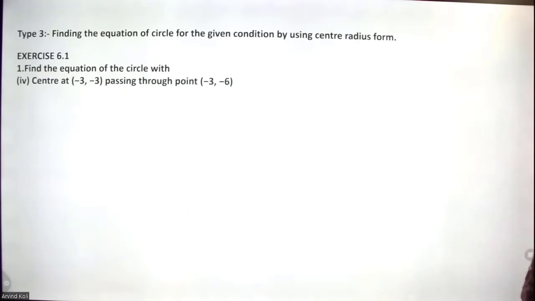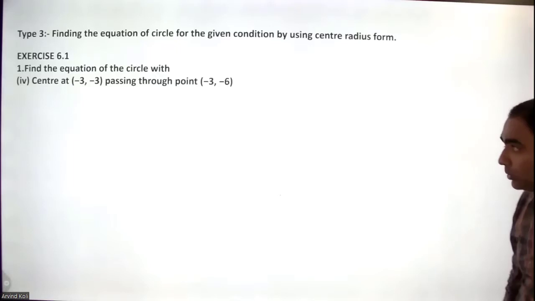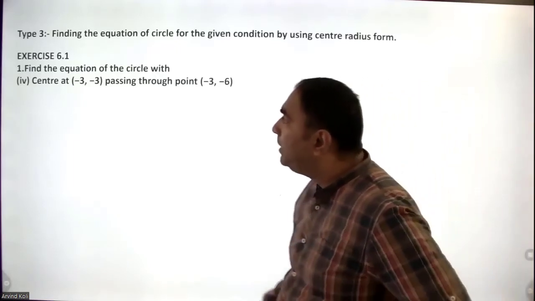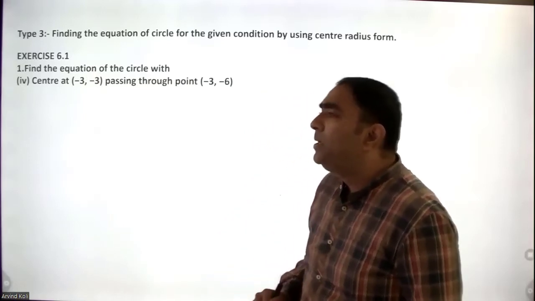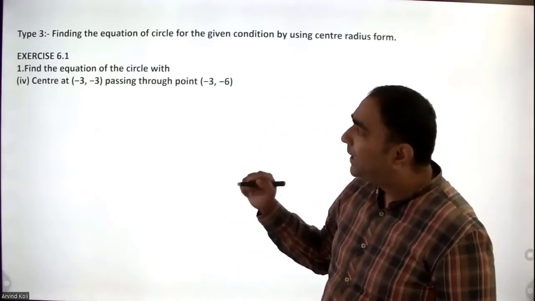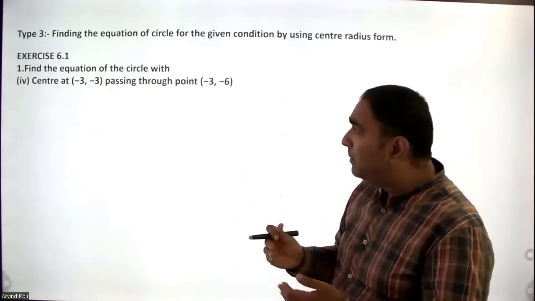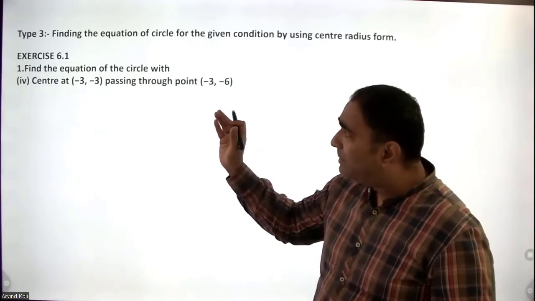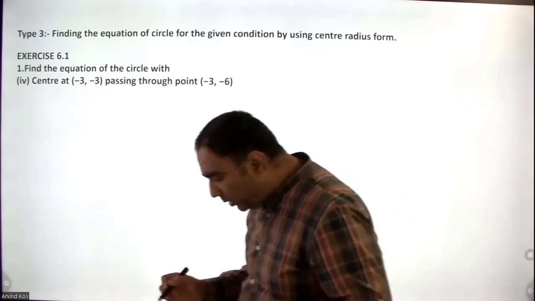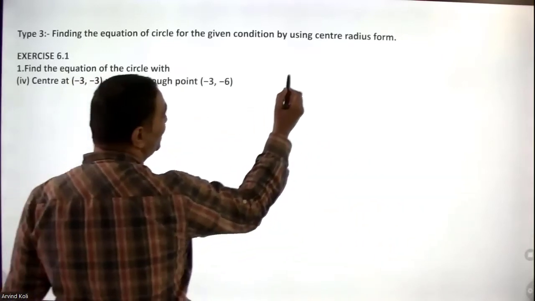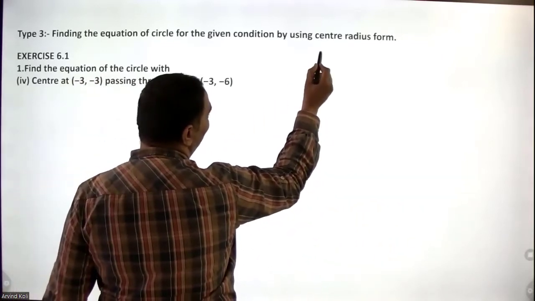Our next type is finding the equation of the circle for the given condition by using center radius form. Okay, let us have a look at the question. Question में देखो क्या लिखा है. Find the equation of the circle with center. Center is minus 3, minus 3, and it's passing through the point minus 3, minus 6. Okay, we can consider a figure for this as something like this.